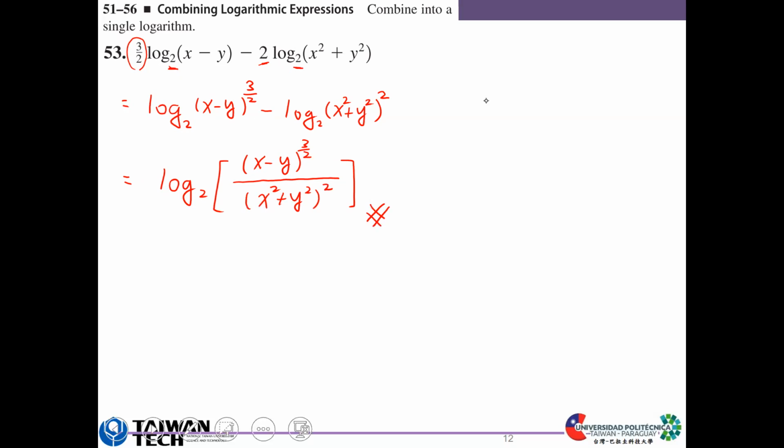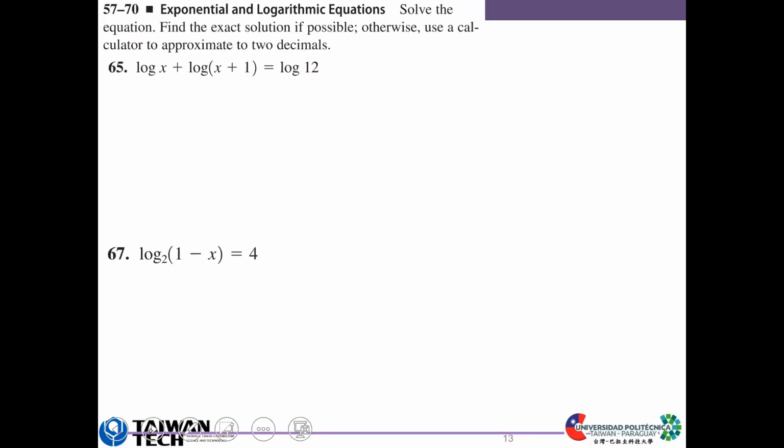So let's look at the next problem, which is problem 65. Exponential log. Find the exact solution if possible. Otherwise, use a calculator to approximate to 2 decimals. Okay, so we apply the same thing. We apply the property of the log function.